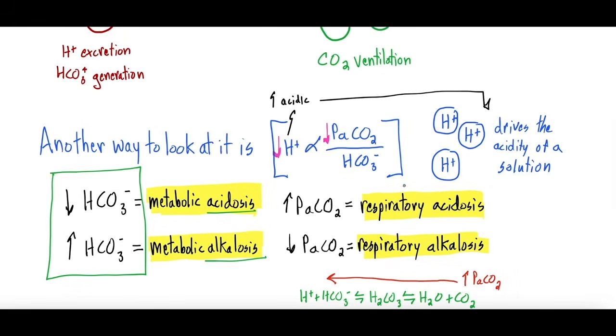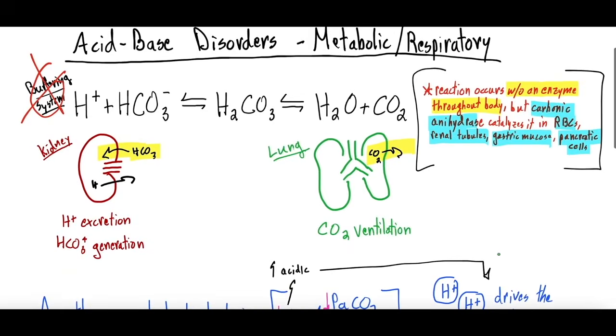So CO2 is respiratory, bicarb is metabolic, and we can have the higher CO2, top of the equation's higher, acidosis, lower CO2, top of the equation's lower, alkalosis, which we can understand by looking at this equation as well, right? And again, if the CO2 is lower, this equation is going to drive this way, meaning hydrogen ions are going to get lower as the buffering system drives to create more CO2. All right?